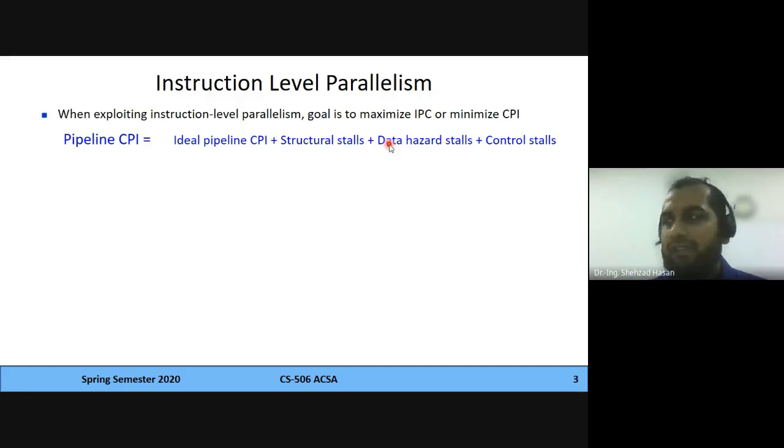That's the load use hazard that we discussed earlier. For example, if you have 1,000 instructions, then 30% of 1,000 would be 300. So 300 more cycles in your equation here, right?